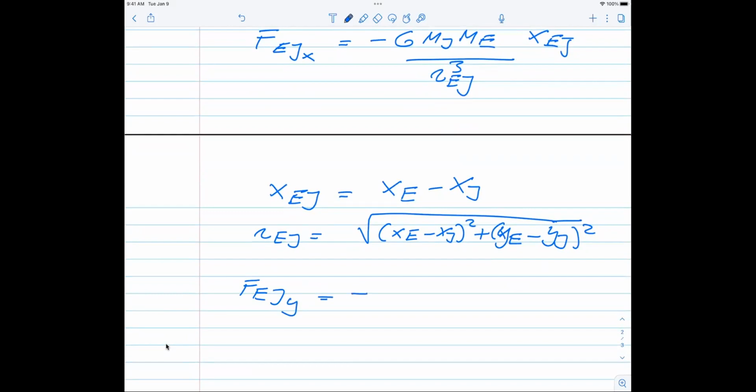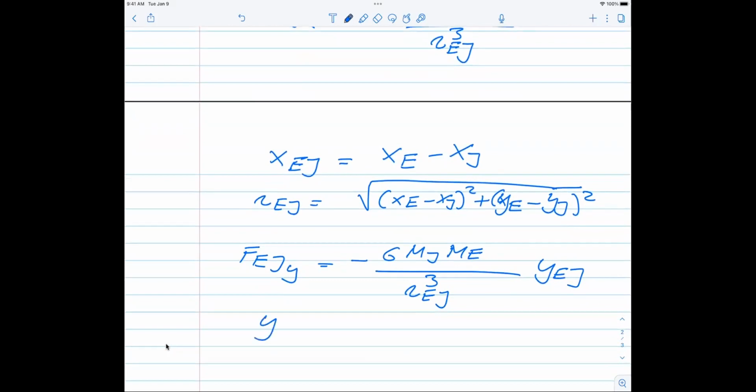So that's going to be given by minus G times the mass of Jupiter, the mass of the Earth, divided by this distance r_EJ cubed, times y_EJ, where y_EJ is defined in the same way as x_EJ, y of E minus y of J. Now, this force is the same which acts on Jupiter from the Earth, except that the sign changes.